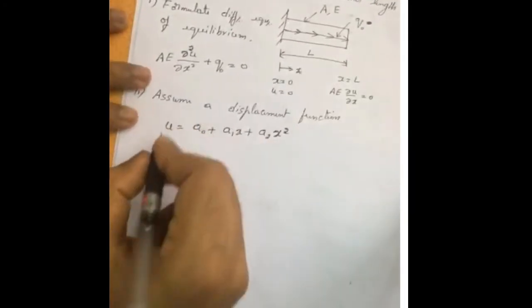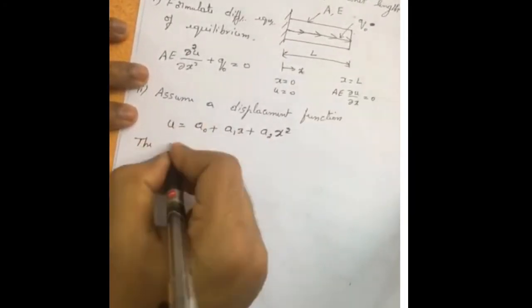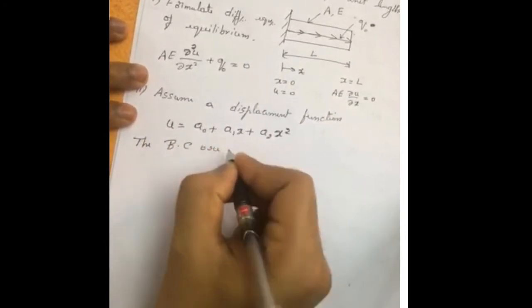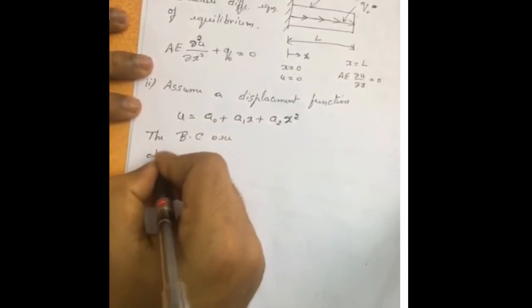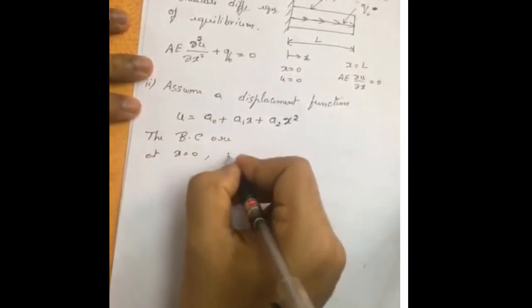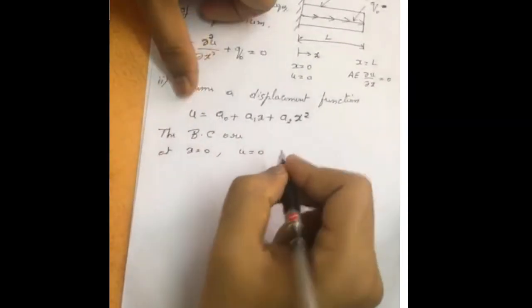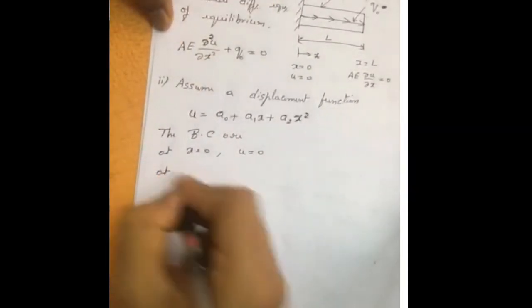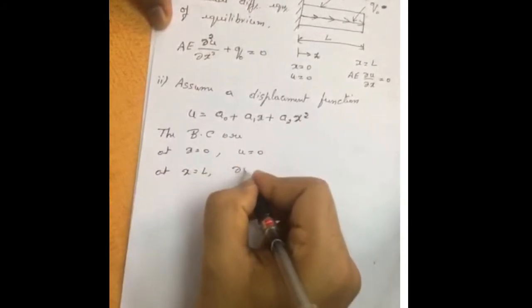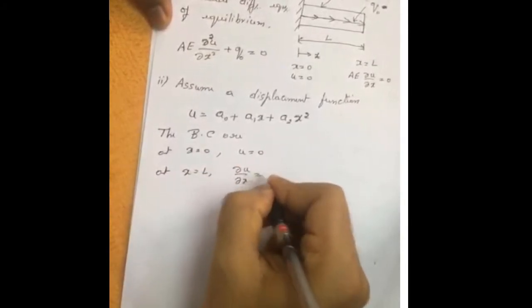Now the boundary conditions are: at x is equal to 0, u is equal to 0, and at x is equal to L, dou u by dou x is equal to 0.